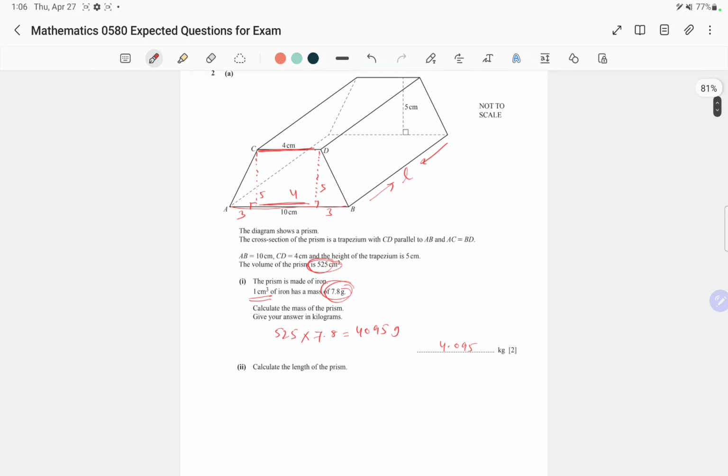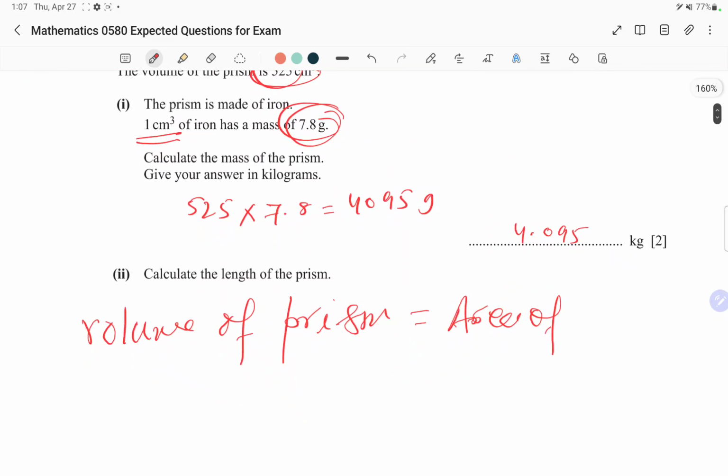So for the length of the prism, we know the volume of the prism first. So volume of prism is area of cross section times length, right? Area of cross section times length.